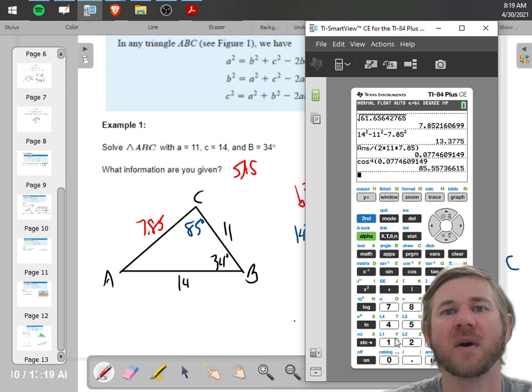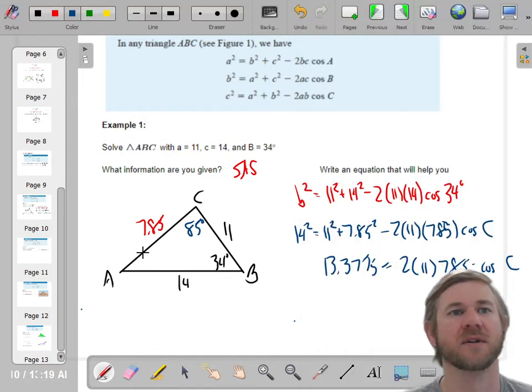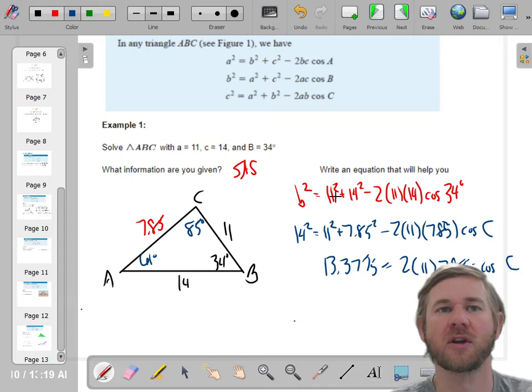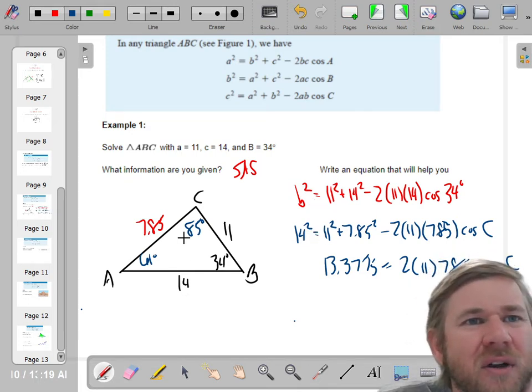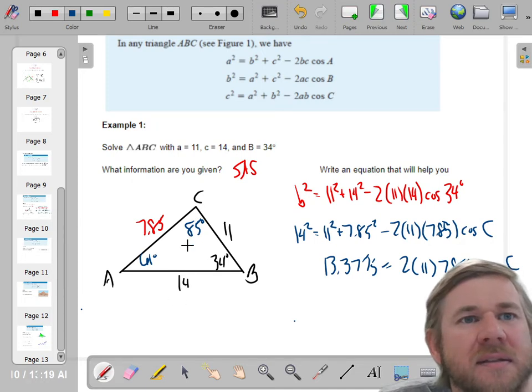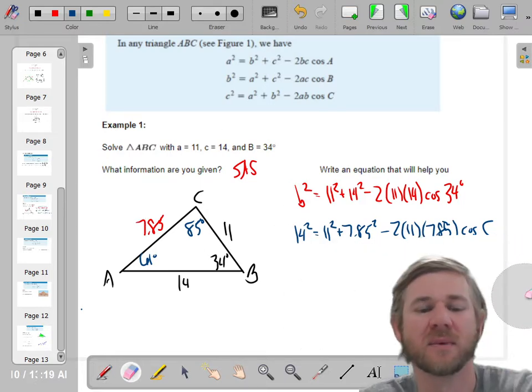So angle A would be 180 minus 85 minus 34, which is 61 degrees. So this is 61 degrees. Okay, so we go through the law of cosines, and let's see, does that make sense? Is the biggest angle across from the biggest side? Yes, but then the smallest angle is not across. So something's wrong here. I think I need to type this in again. I'm going to try this one more time and see what happened.